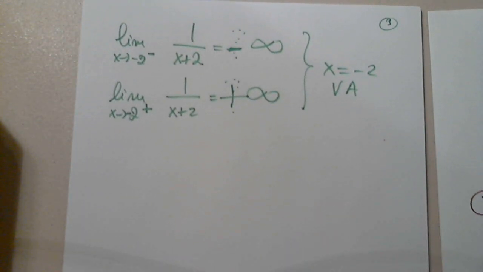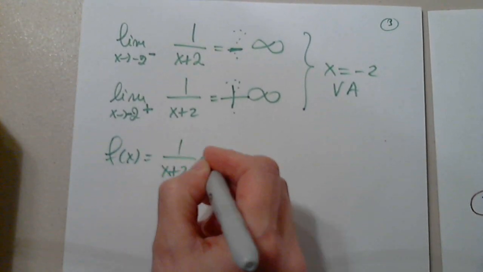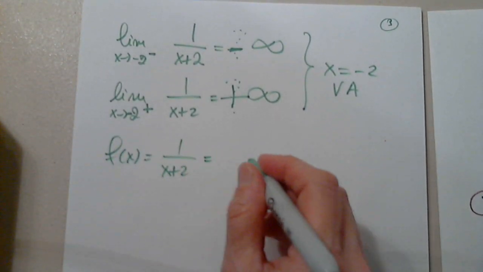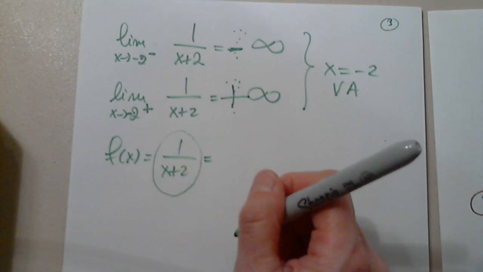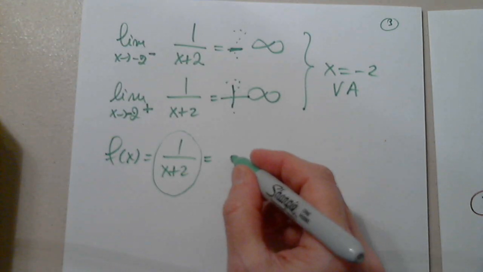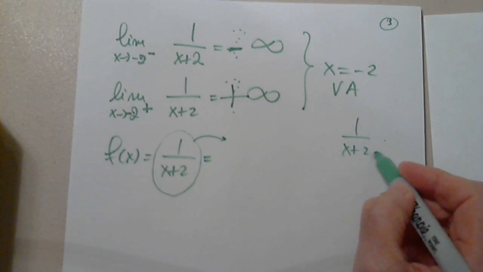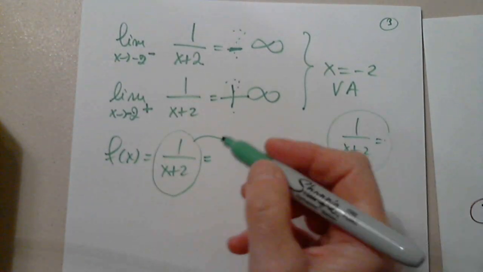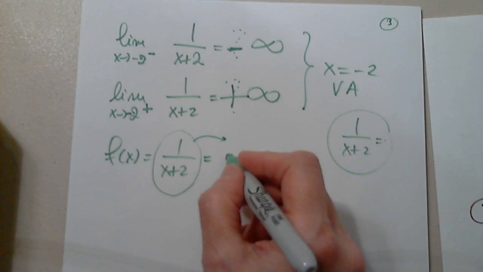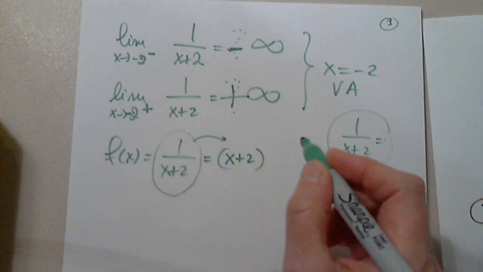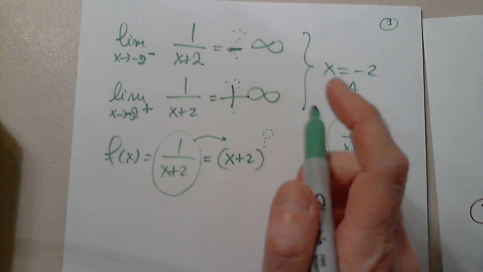Remember what I like to do. So for the function f of x equals 1 over x plus 2, how do you think I'm going to rewrite it? Is there another way of rewriting this so I can differentiate more easily? Is there another way of writing 1 over x plus 2? x plus 2 to the negative 1.